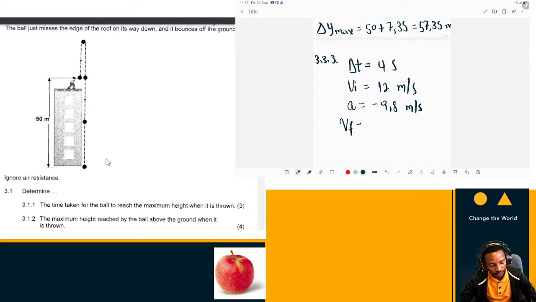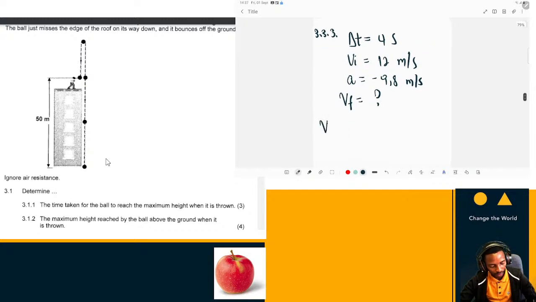Then V final is the one that we are looking for. So we can apply this formula. V final is equal to V initial plus acceleration times delta t. Our V initial is 12. Our acceleration is minus 9.8 because it is opposing the motion of the ball.